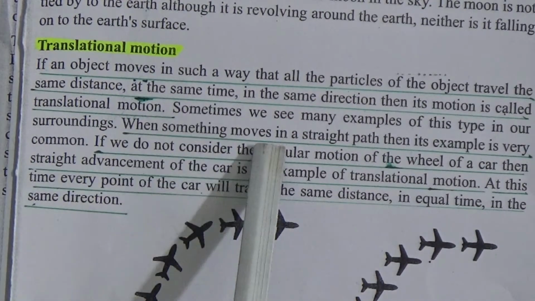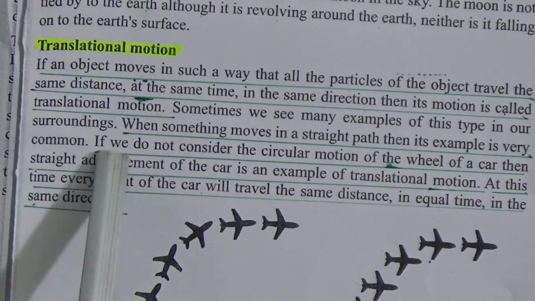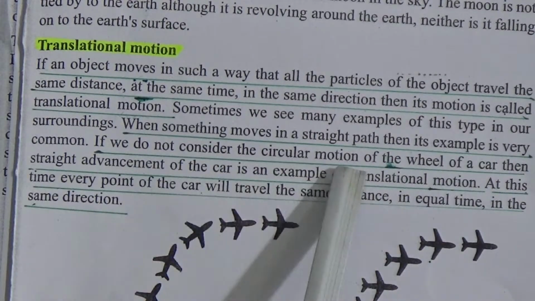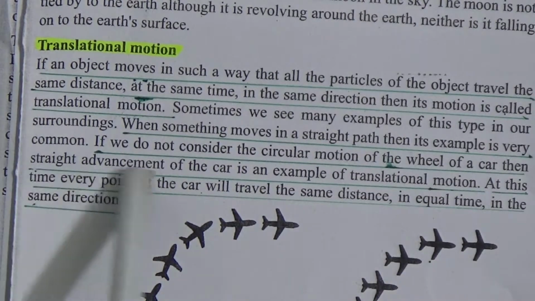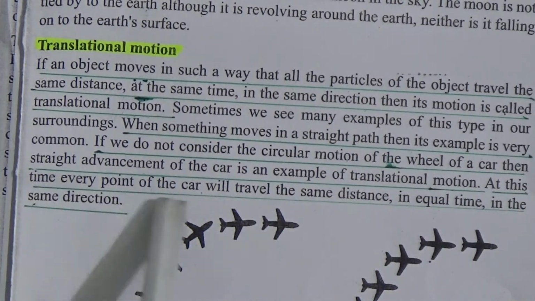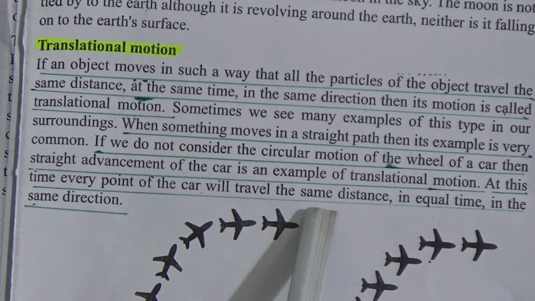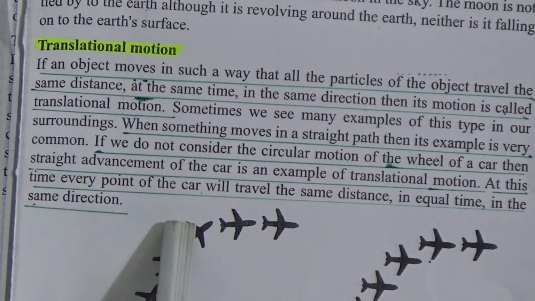When something moves in a straight path, then its example is very common. If we do not consider the circular motion of the wheel of a car, then the straight advancement of the car is an example of translational motion. At this time, every point of the car will travel the same distance in equal time in the same direction.